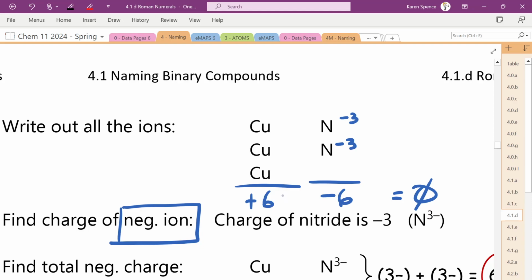Then you have to say to yourself, what does the charge of each copper have to be in order to add up to +6? It has to be +2. +2, +2, +2. And that 2 tells us that our compound is copper, Roman numeral 2, nitride.